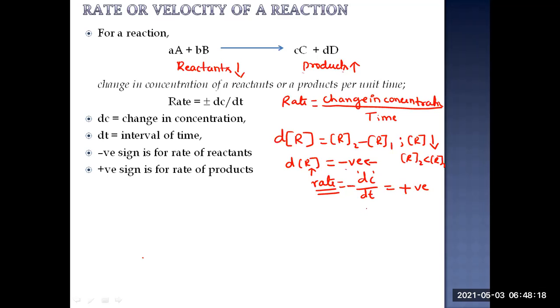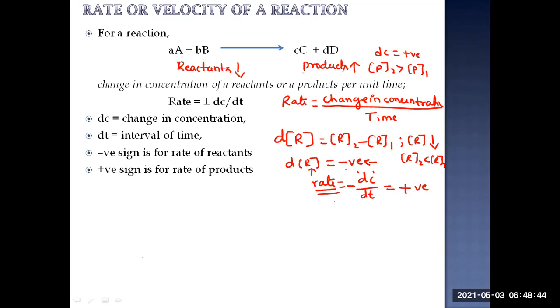Why? Because for products, the concentration is increasing. Always the concentration of product at the final stage, P2, is greater than P1. So dc, the change in concentration of products, will be positive. So there is no need to give a negative sign in the mathematical expression.